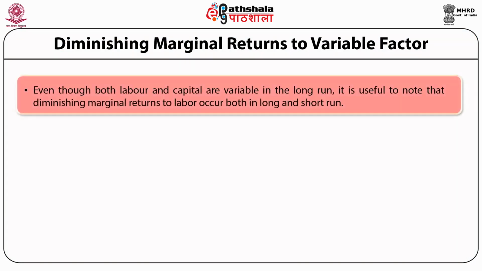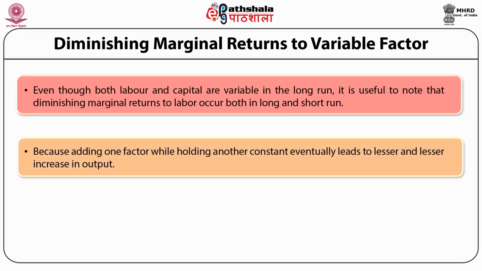Diminishing marginal returns to variable factor. Even though both labor and capital are variable in the long run, it is useful to note that diminishing marginal returns to labor occur both in the long and short run, because adding one factor while holding another constant eventually leads to lesser and lesser increase in output.